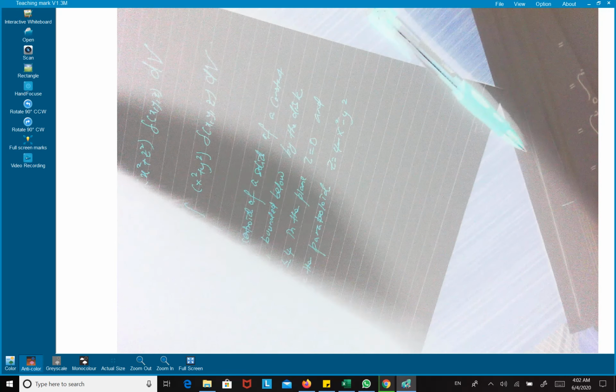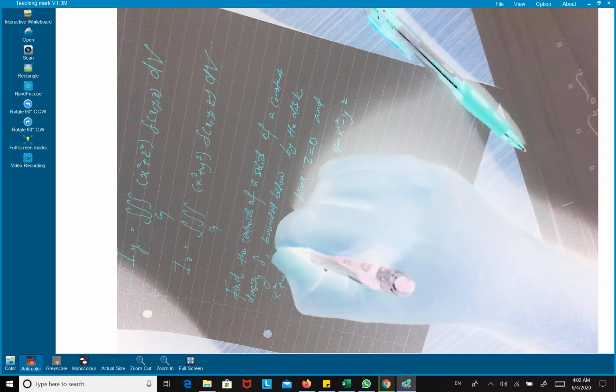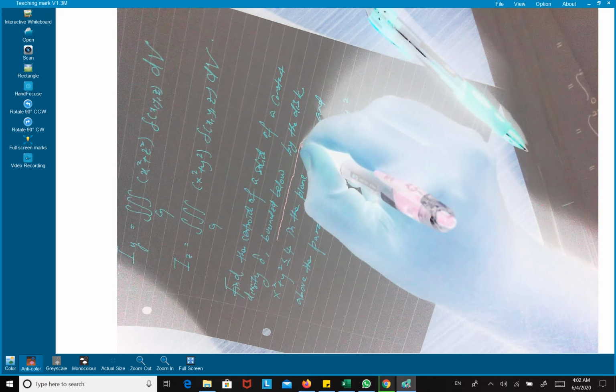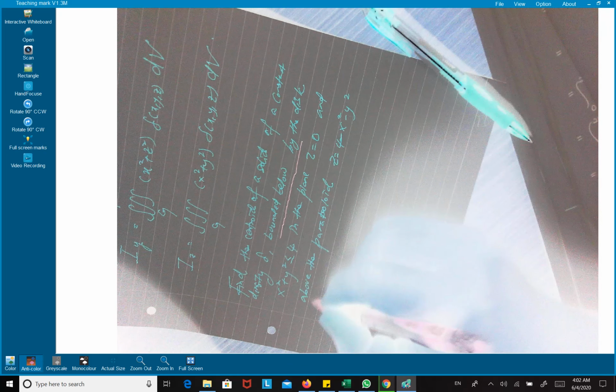So you have to highlight that. You have to understand what is meant by bounded below by and above the.